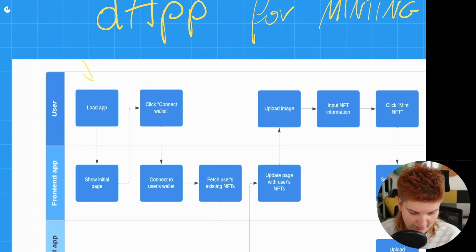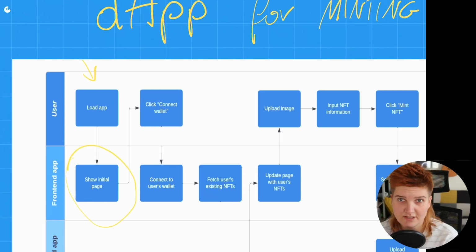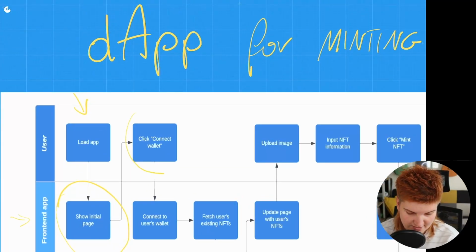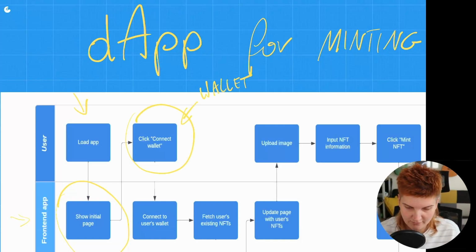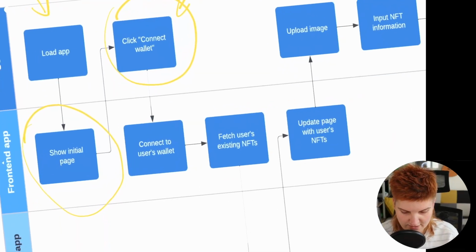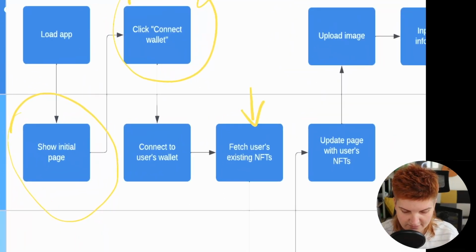First of all, we will load the app and show the initial page. That will be literally up to the front end part. Then we're going to use the functionality to connect the wallet. Next thing, once connected with the wallet, we will fetch the user's existing NFTs.